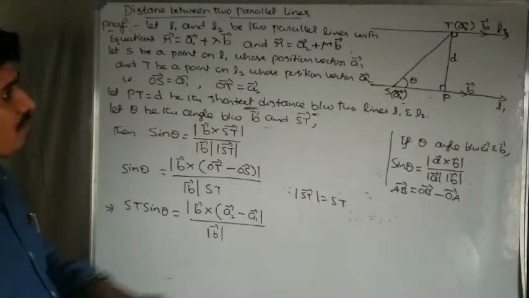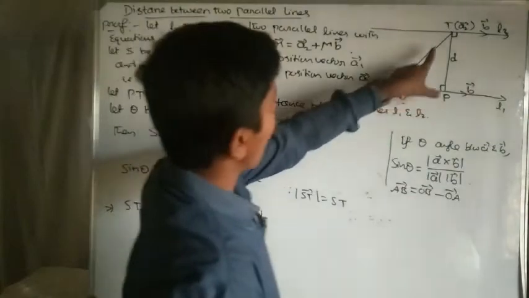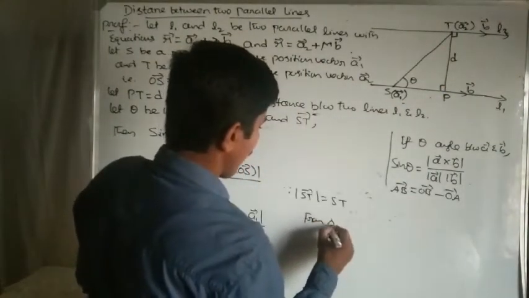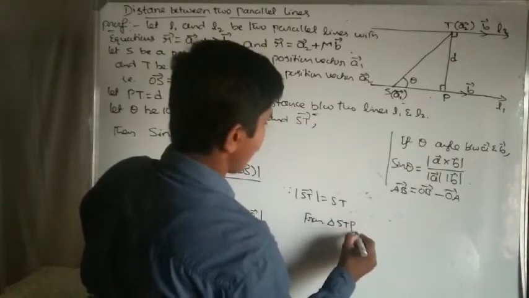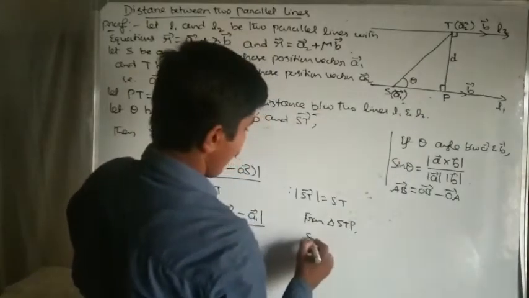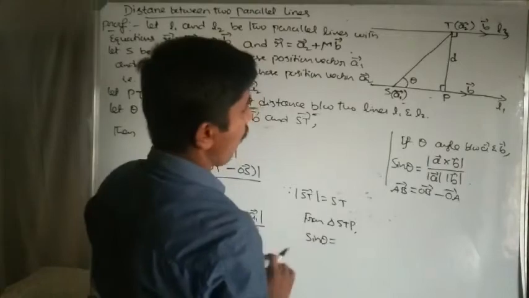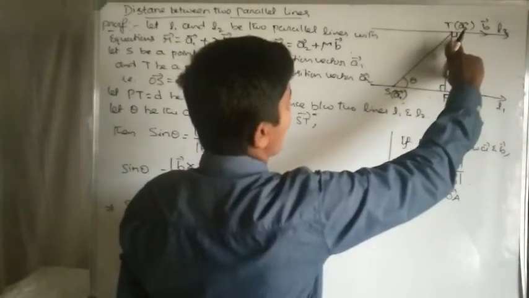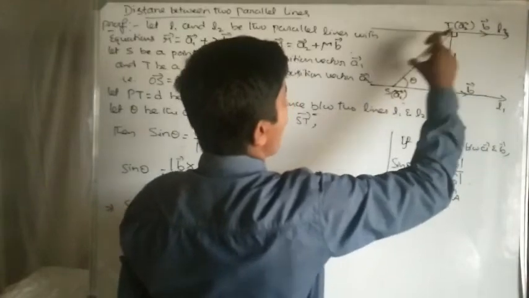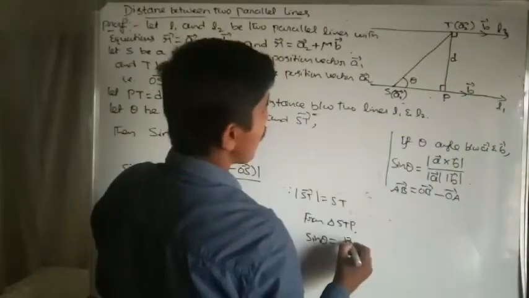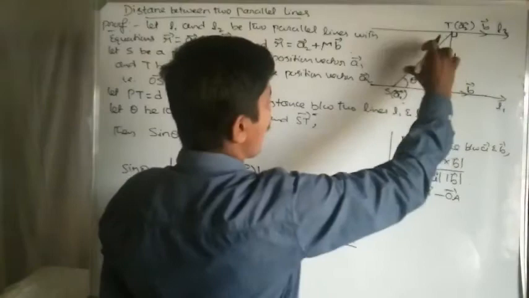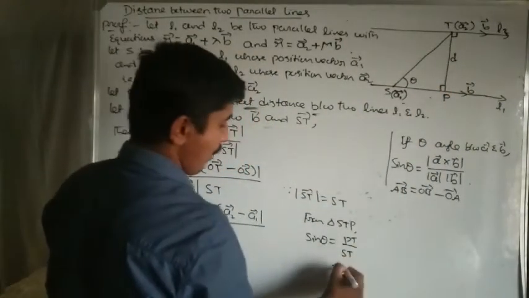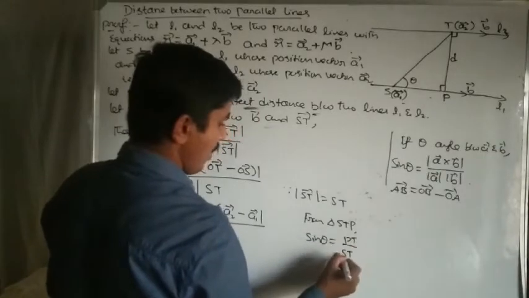Correct. From triangle STP, I am defining sin theta. Sin theta is equal to what? Sin theta, theta opposite side: opposite PT divided by hypotenuse ST. Then by cross multiplication, PT equal to ST into sin theta.